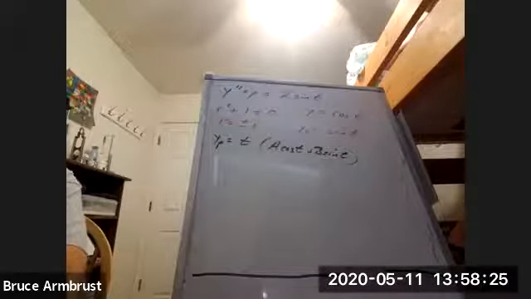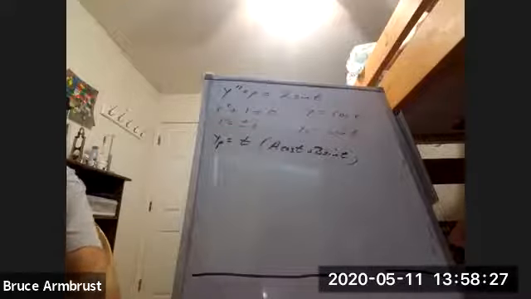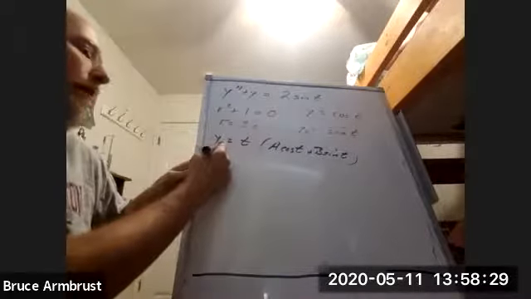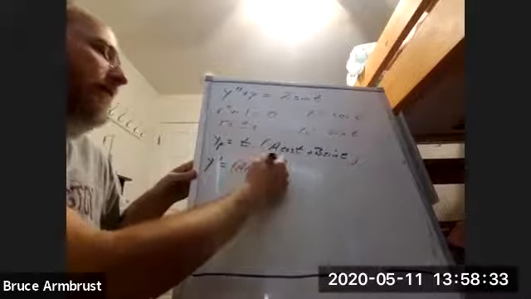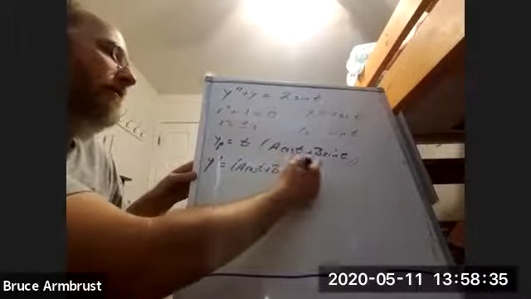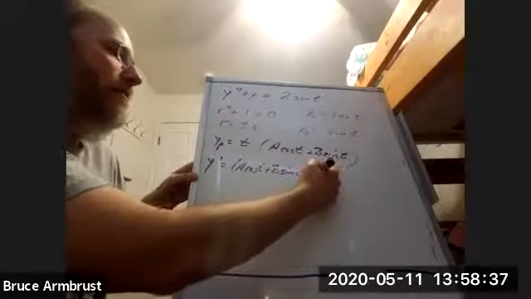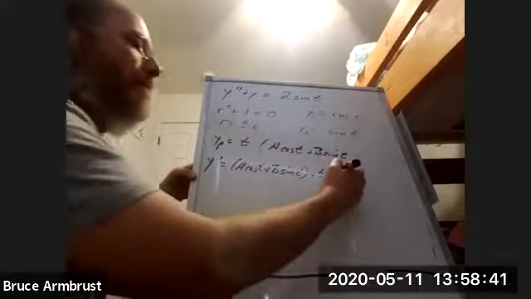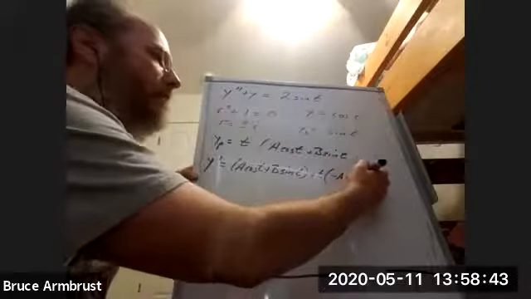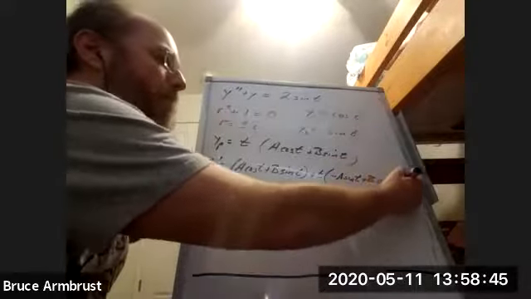All right, so here's our guess then. Let's see if we can figure out the A's and B's. So y prime, well, it's going to be A cosine t plus B sine t plus t times minus A sine plus B cosine.